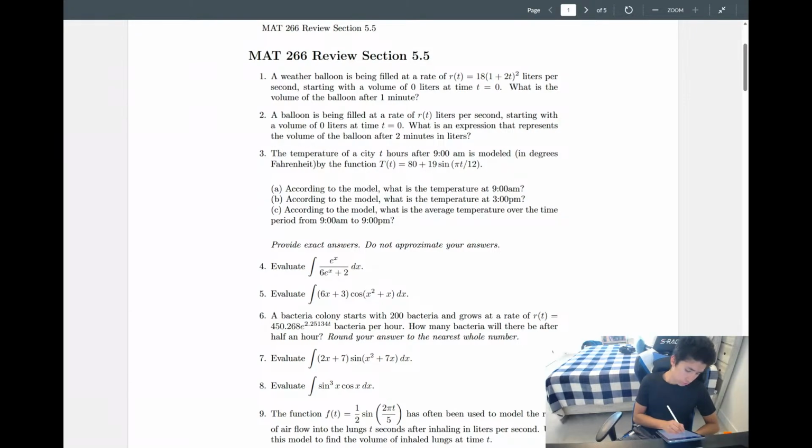V of 2 equals 3 times (1 plus 2 times 2) raised to the third power. This equals 3 times 5 to the power of 3. 5 to the power of 3 is 25, 125, 125, 375.